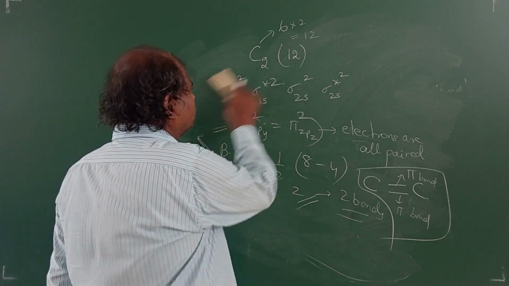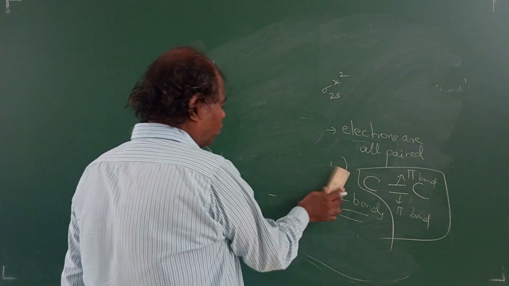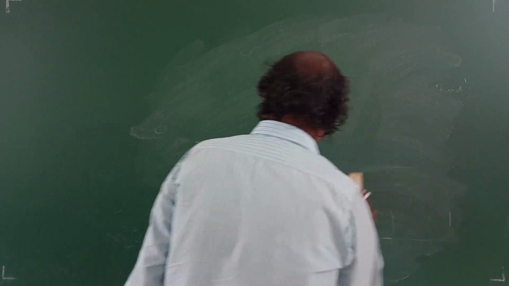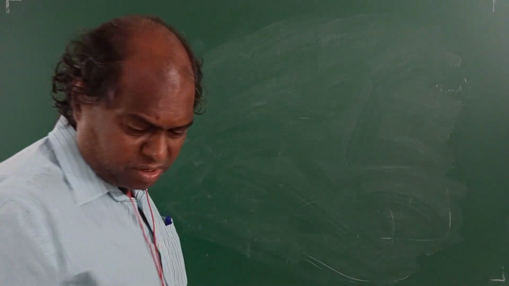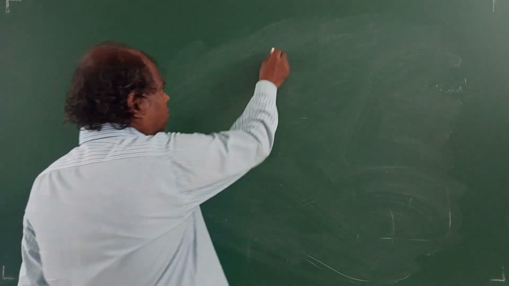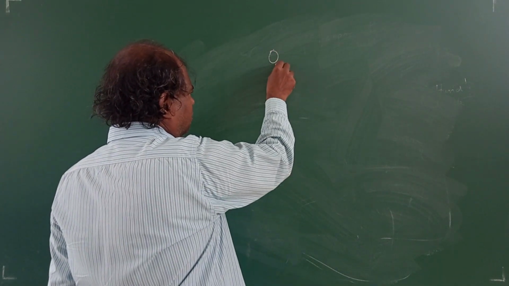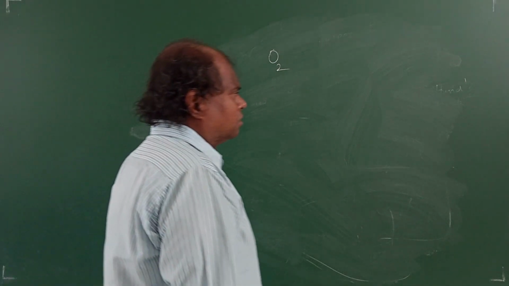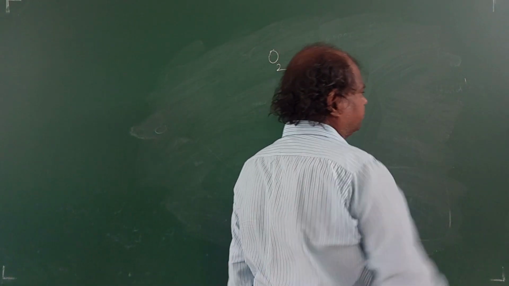Now we'll go to another molecule which is very important, O2. O2 is the most important molecule in this molecular orbital theory. We'll see this molecule first.